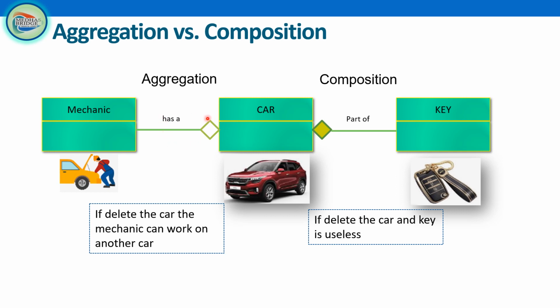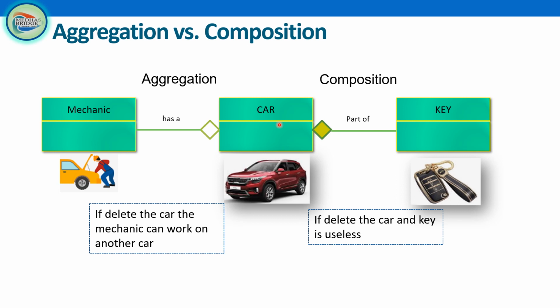On the other hand, key is a part of car. Key exists only in a car collection, within that car object. If you delete a car, a key is useless because this key is only related to this car.